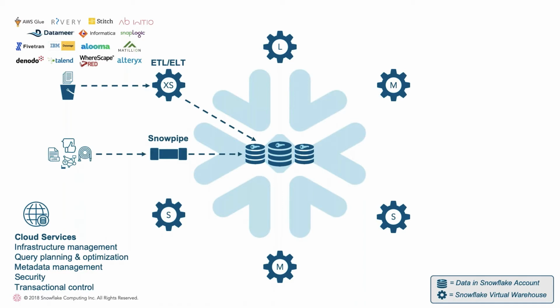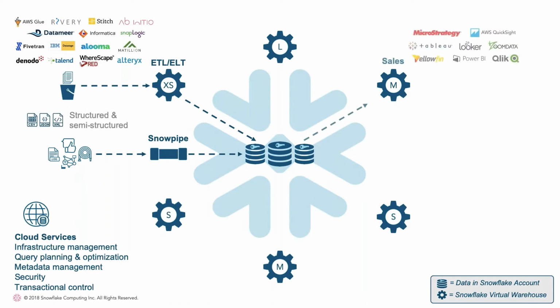We also have some services for data engineering where we can ingest data without using an ETL tool. So if it's streaming data, as an example, we have a tool called Snowpipe. You land the data in blob storage, we automatically pick it up and load that raw data into Snowflake. Similarly, these same compute resources can be used for BI. So if the sales team has BI dashboards, they can have their own compute resource. If data is being loaded at the same time the sales team is querying it, they're not impacted.